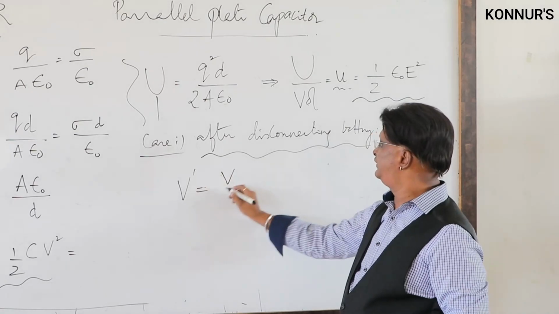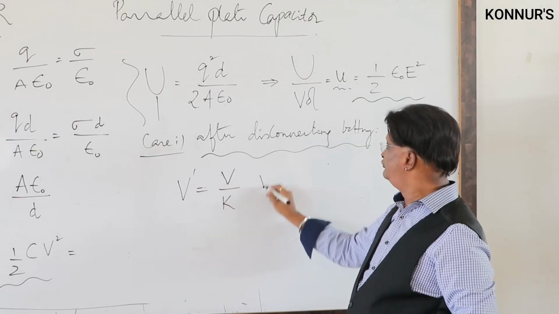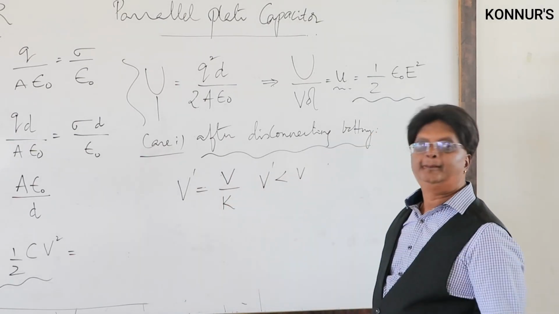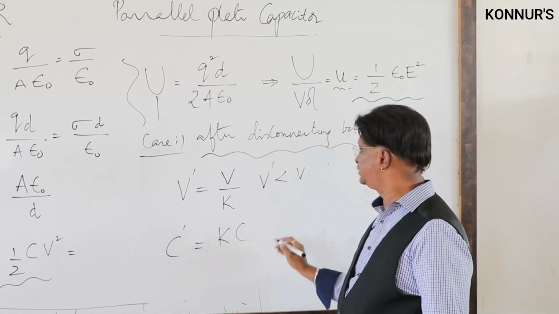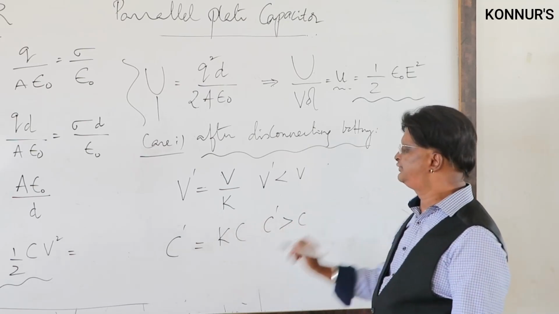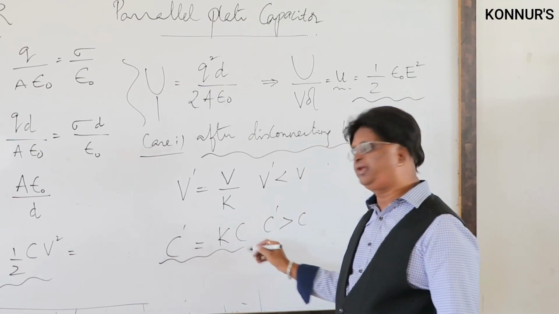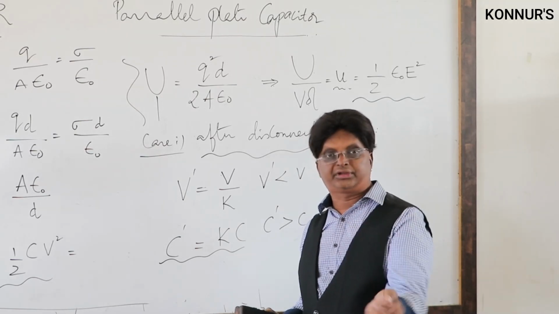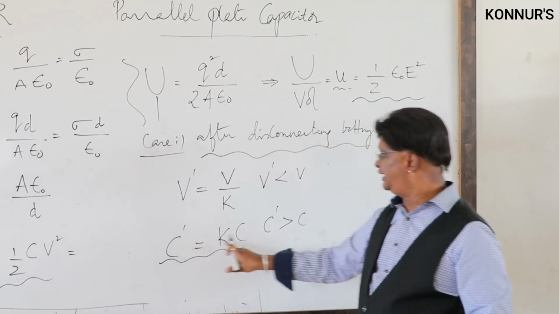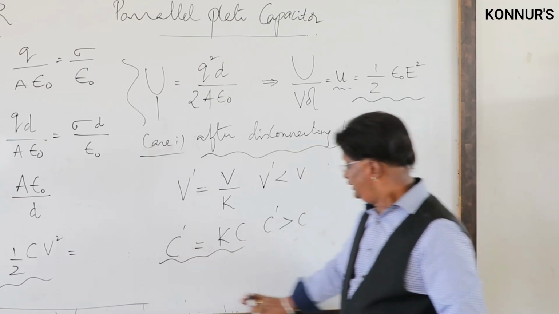So V dash is equal to V by K. So V dash less than V. But the same result, C dash is equal to KC. C dash greater than C. This is the same in both cases, whether we introduce it without disconnecting or after disconnecting.